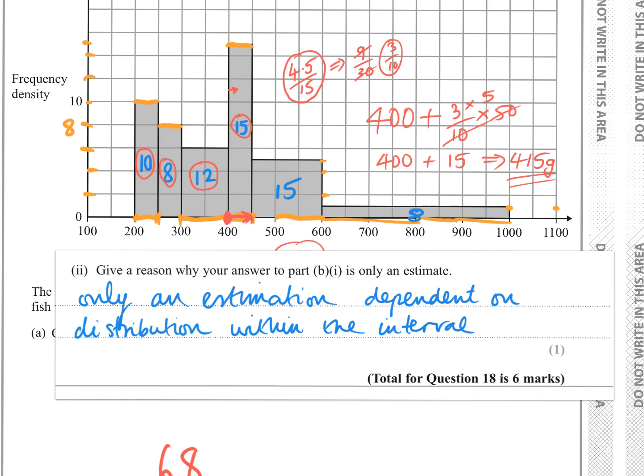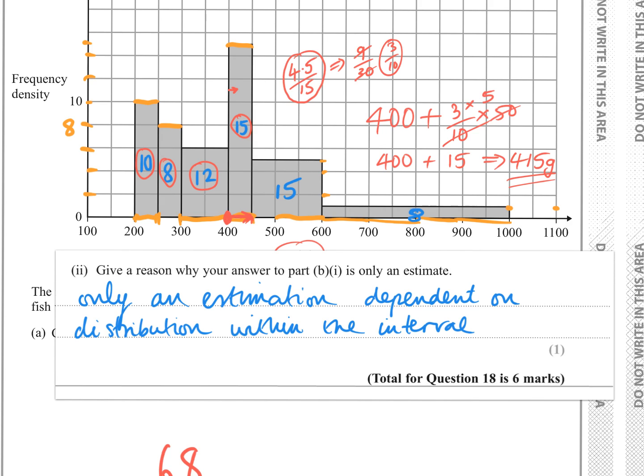But we don't know how those fish are distributed exactly in that class interval, so that's why it's an estimation, and I've put that here. I've said only an estimation because it's dependent on the distribution within that particular interval. So we don't know this information exactly, we've had to put it into class intervals. So I hope that makes some sense to you.